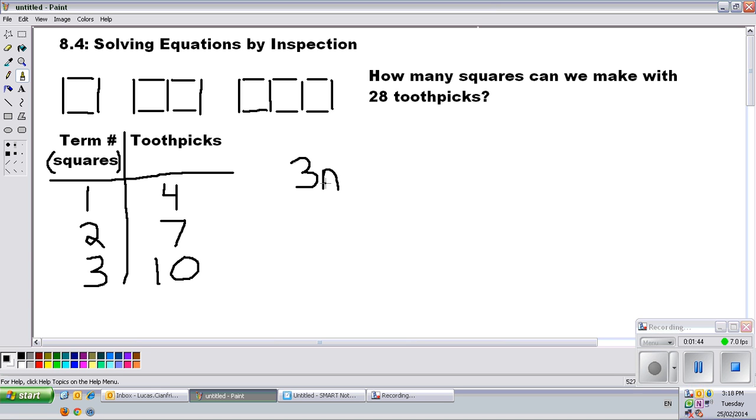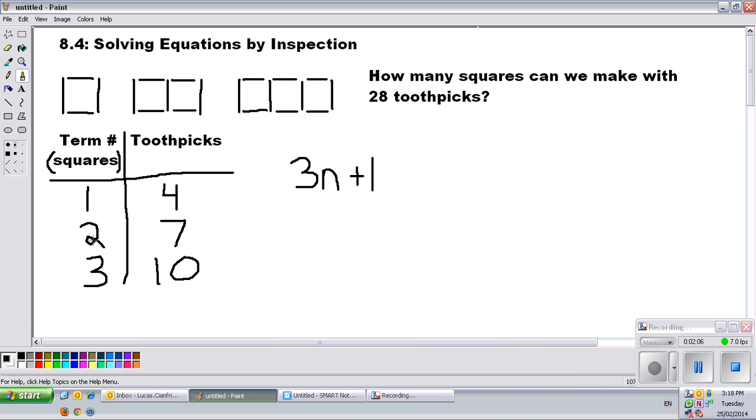Now, if n represents the number of squares, so for this example, we'll have 1 represent n. 3 times 1 would be 3, and in order to get to 4, we would have to add 1 more. So 3 times 1 is 3, plus 1 is 4.